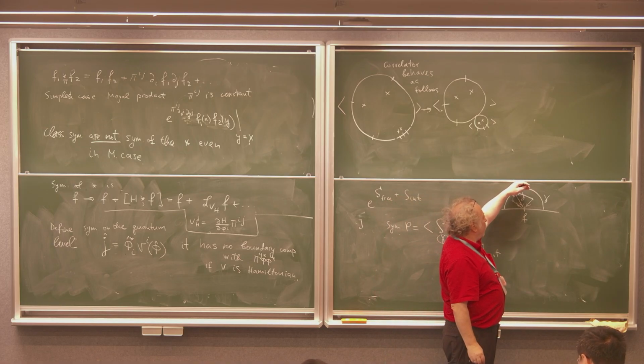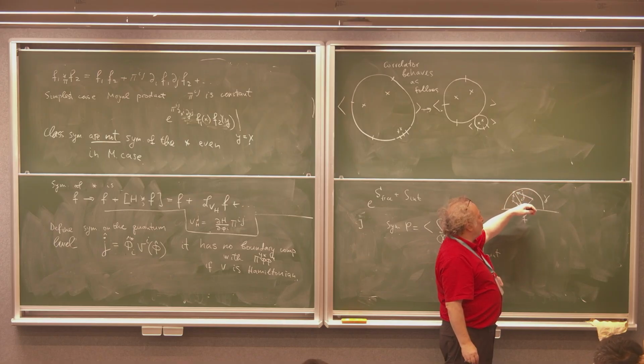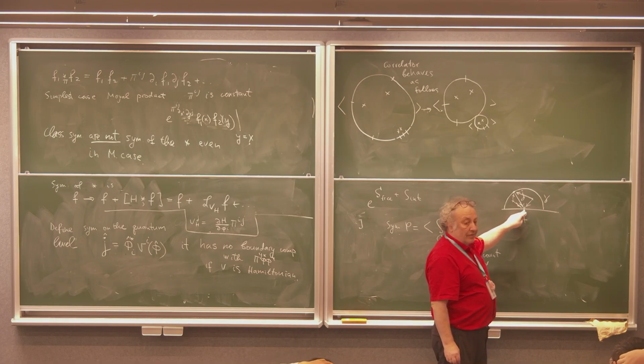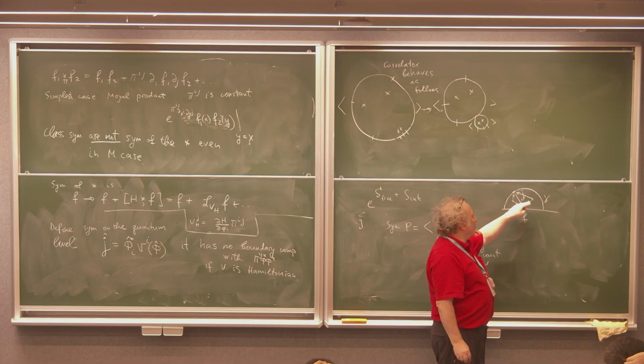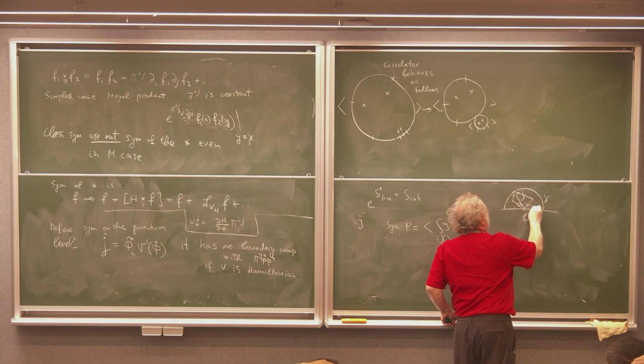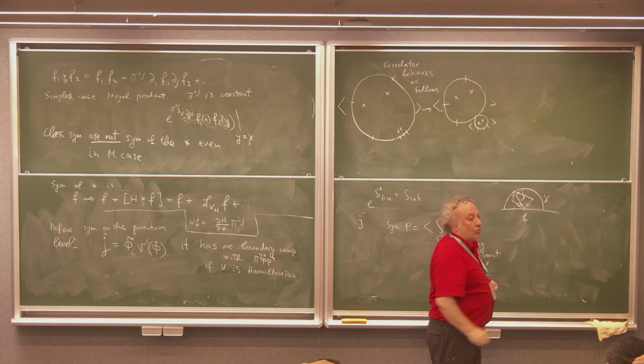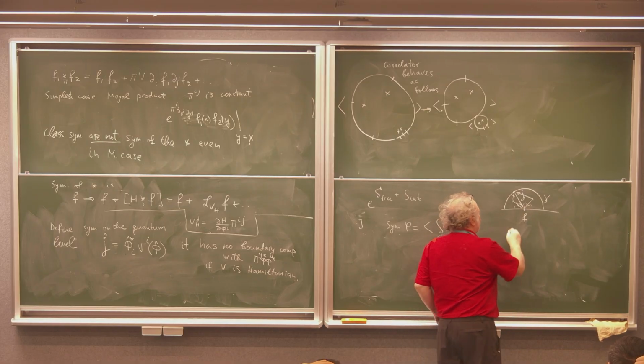We may say, okay, let us move our contour closer to the position of the point f. But we would not reach anything, because when it goes closer, new insertions would play a role. And this is a conformal property.